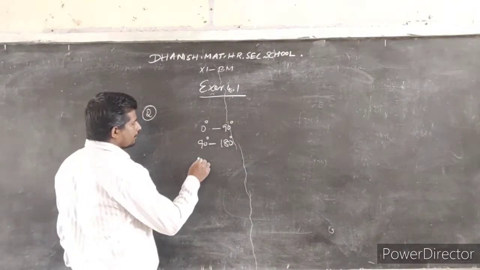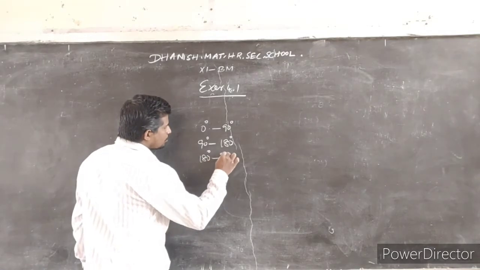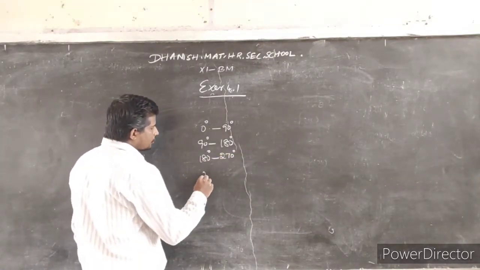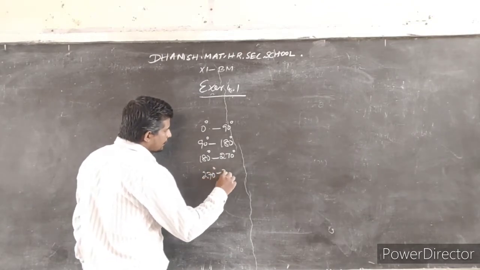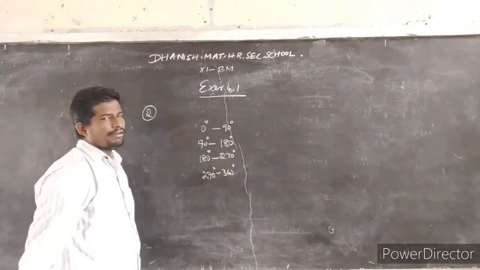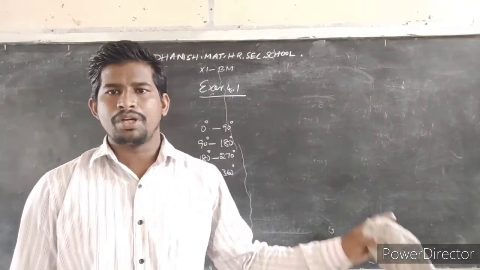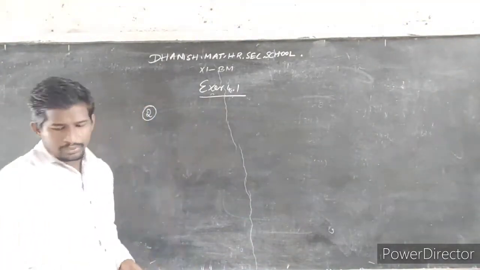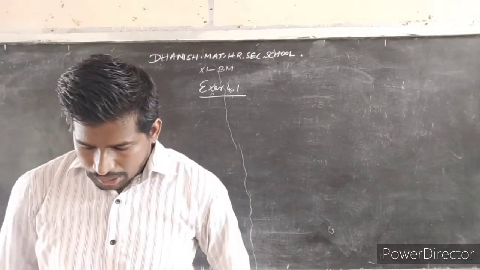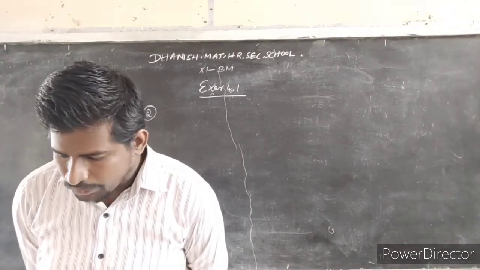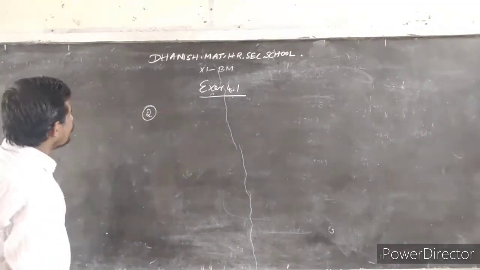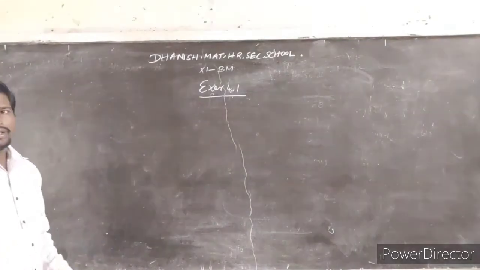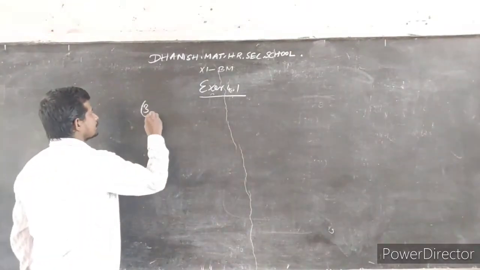The angles between 180 degree to 270 degree lie in the third quadrant. Similarly, the angles between 270 degree to 360 degree lie in the fourth quadrant. Based on this, we are going to do the third one. Determine the quadrants in which the following degree lie. We are going to find in which quadrant the given angle lies.